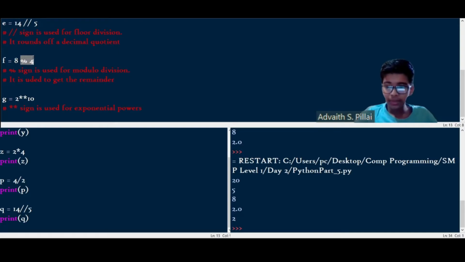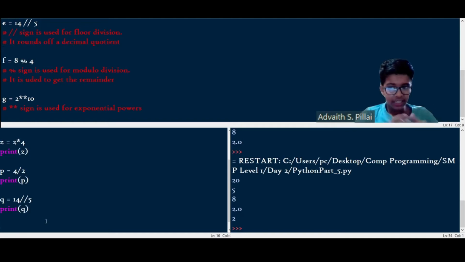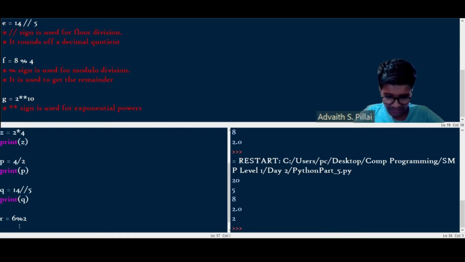Now let's look at the modular division. Okay guys, the modular division is basically used if you want to get the remainder. Now let's take a variable r as an example, and write 6 modulo 2, and then print r and run it.